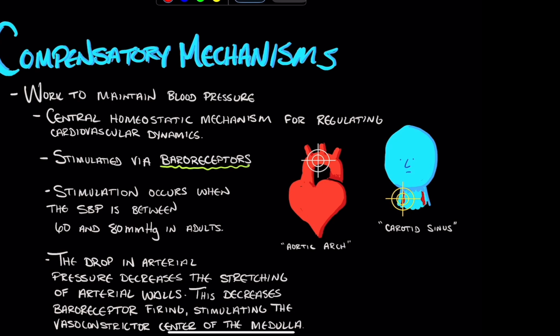The one in the aortic arch is trying to make sure there's a sufficient amount of blood pressure leaving the heart to, A, perfuse the coronary arteries, and then B, perfuse the rest of the body. So its main focus is to make sure there's enough mean arterial pressure to perfuse the heart. And the carotid sinuses up in the neck are more worried about perfusion of the brain and more of a systemic circulation.